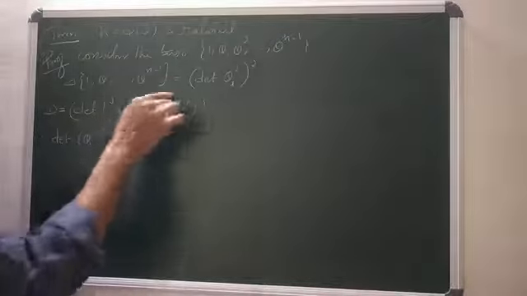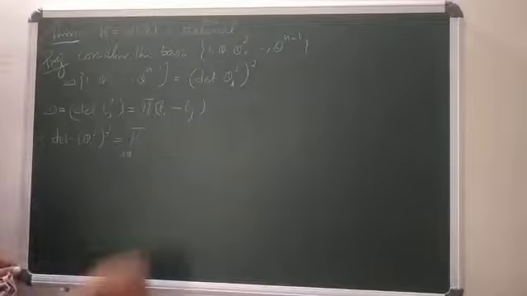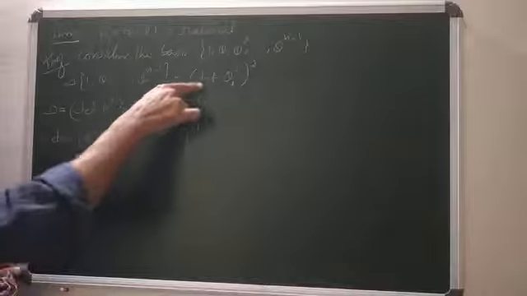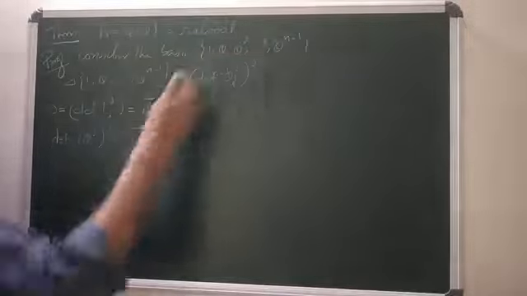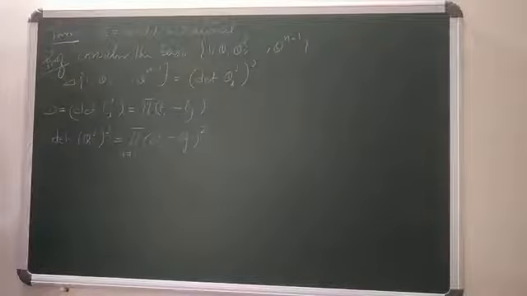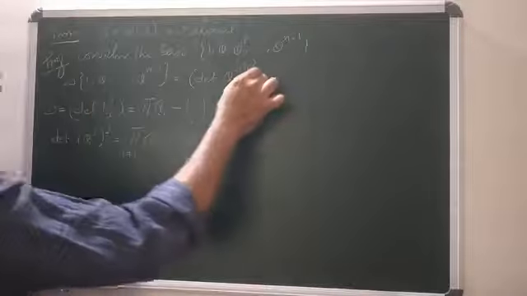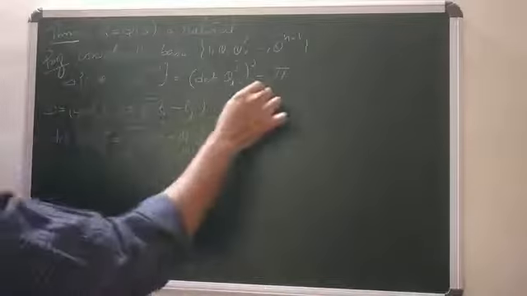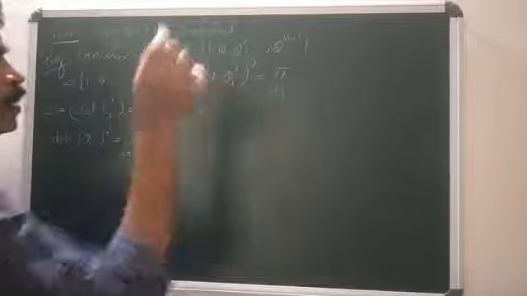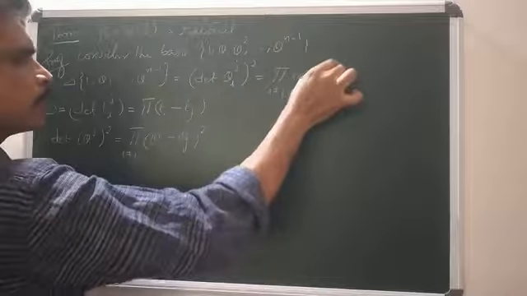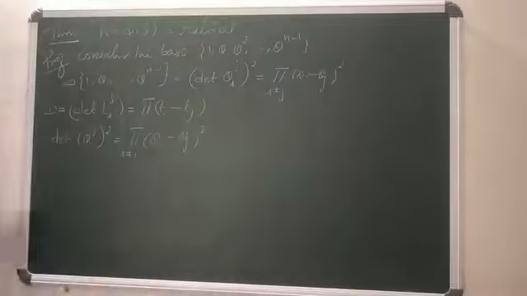If i equals j, this D vanishes. For i differing from j, we get theta_i minus theta_j. Why? Because it is of the form determinant of theta_i power j, but there is a whole square. So the product over i differing from j of (theta_i minus theta_j) whole squared. Finally, delta of 1, theta, theta squared, up to theta power n minus 1 is nothing but the product over i differing from j of (theta_i minus theta_j) whole squared.